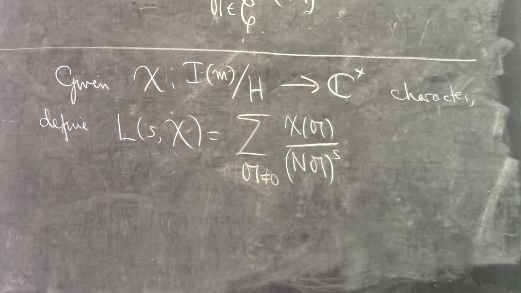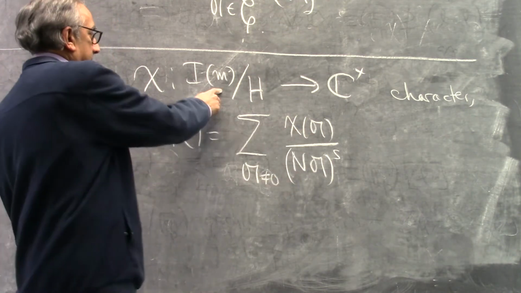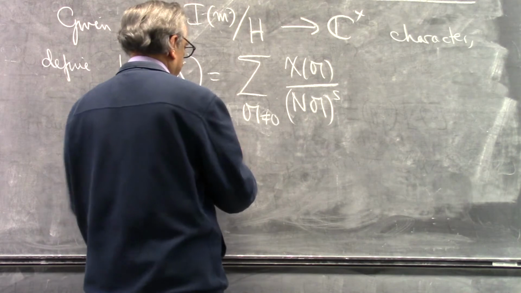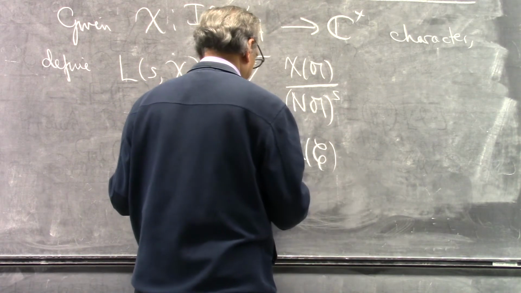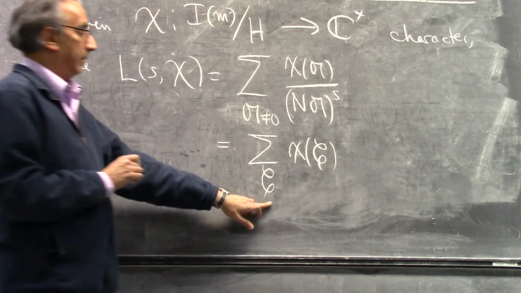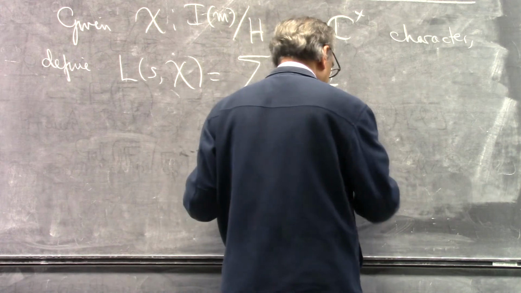Now, this only depends on the ideal class that it belongs to, so we can partition this and write it as the sum over ideal classes C of this group of chi of C times the ideal class zeta function.